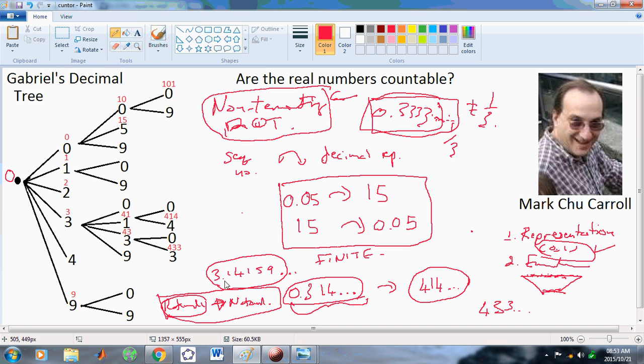And I hope that you can see now from what I've done here in this particular scheme that you can create a bijection between the numbers in this interval, if they're representable as infinite decimal representations, and the set of natural numbers. And I think you may have learned also one other important fact.